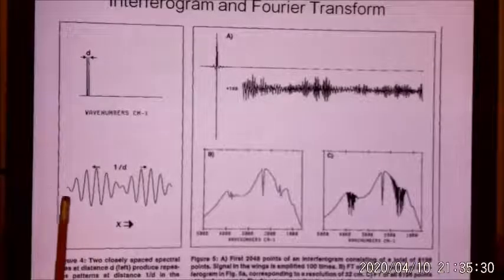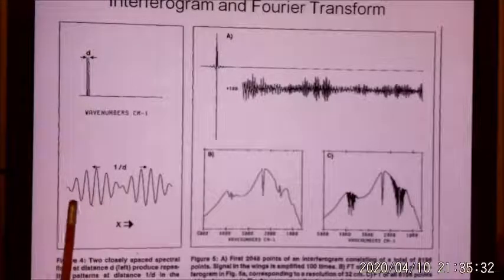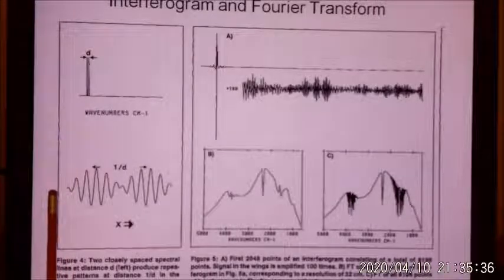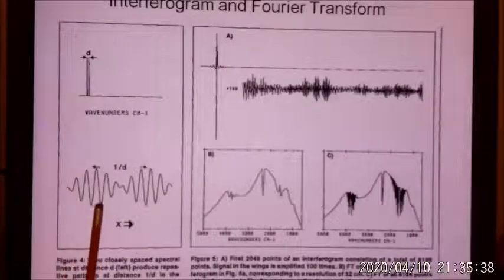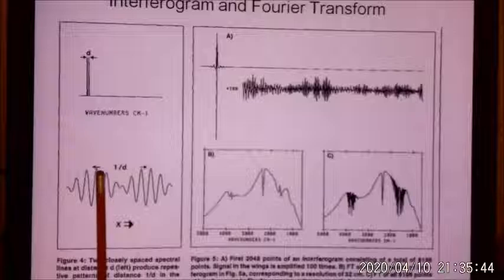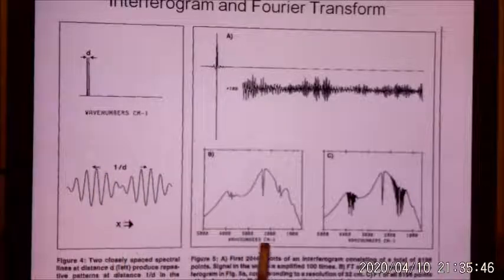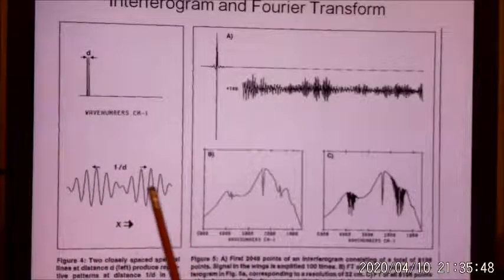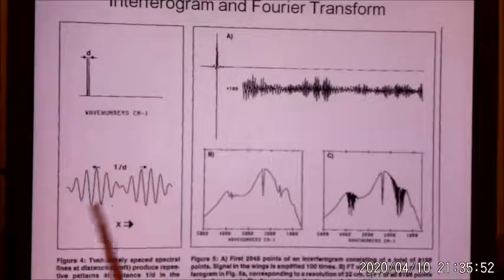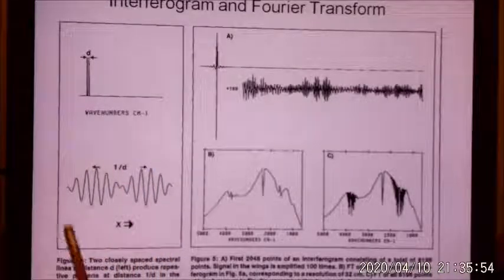Okay, so let's take a look. Here's an example. If I have two waves that are really close together, then when they add together, they're going to form what we call a beat, this envelope. So when you measure the distance between your two envelopes from your beat, that is 1 over D, where D is the difference between your two frequencies.